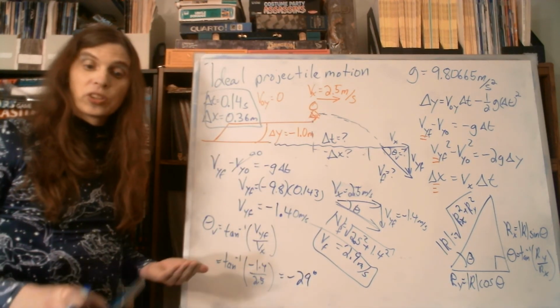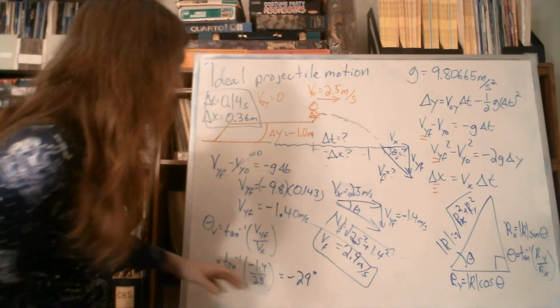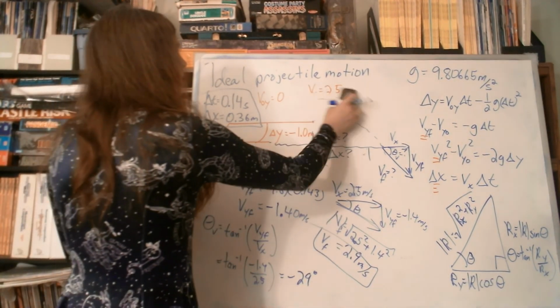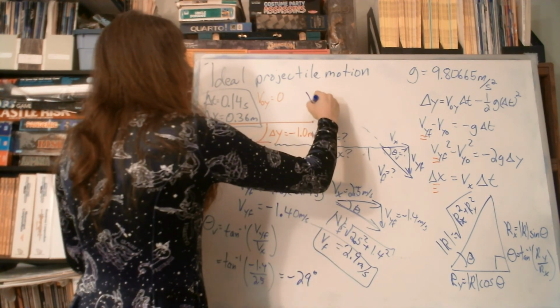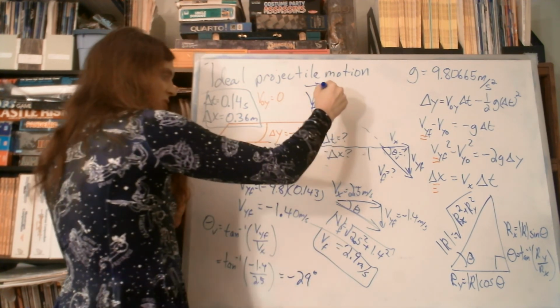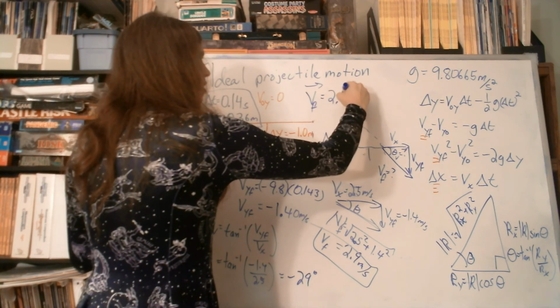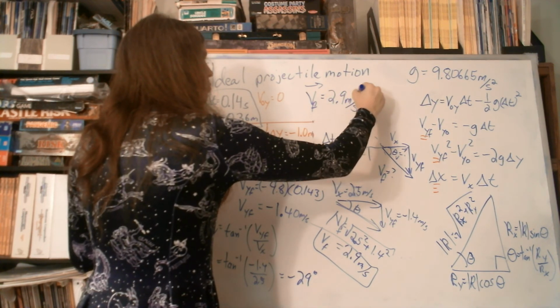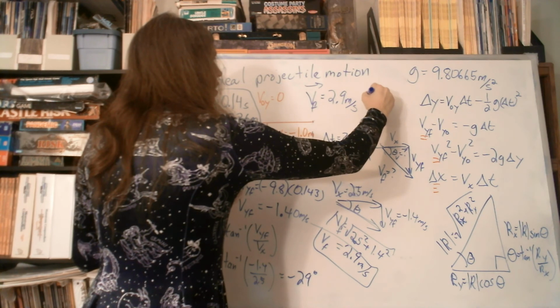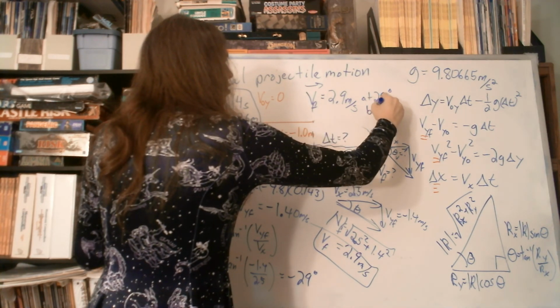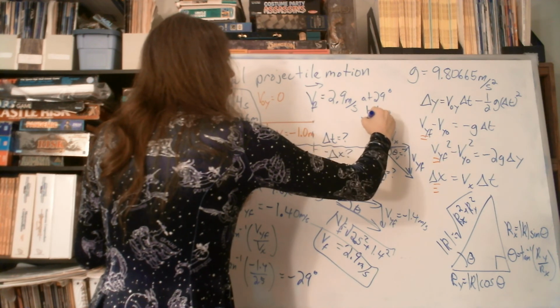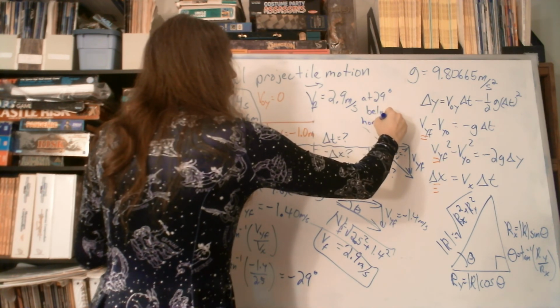So we can write our solution for that final velocity: the final is 2.9 meters per second at 29 degrees below the horizontal.